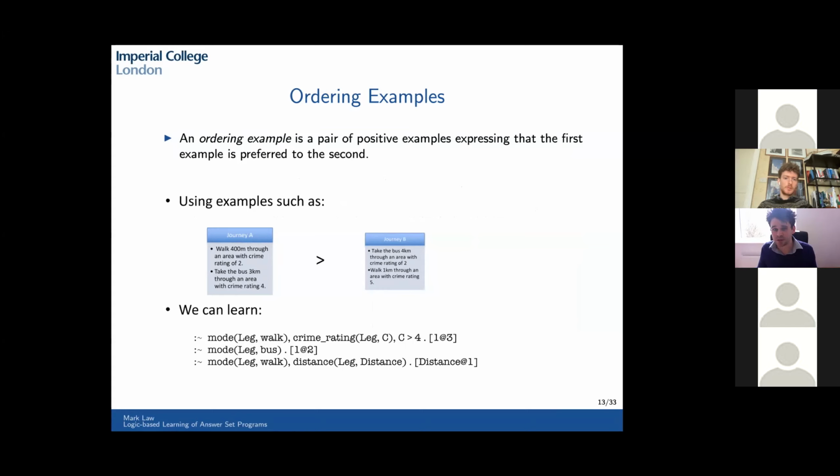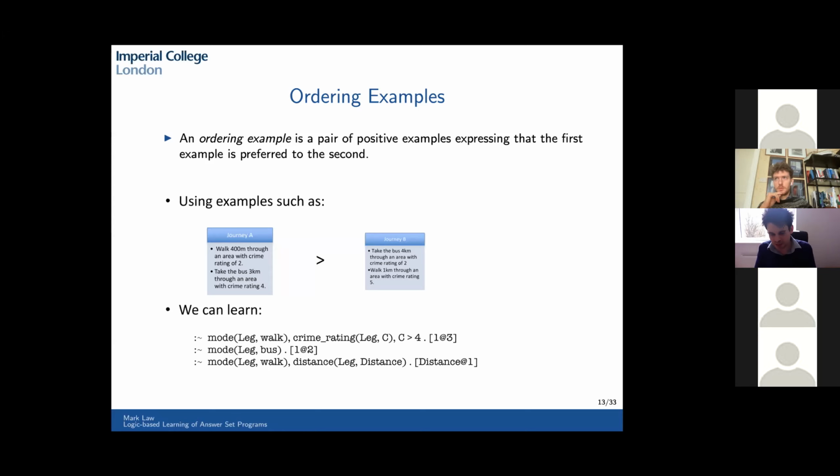Instead, what we need to do is give examples of which answer sets are preferred to other answer sets. So an ordering example for us is just a pair of the examples that I showed you before, expressing that the first example is preferred to the second.